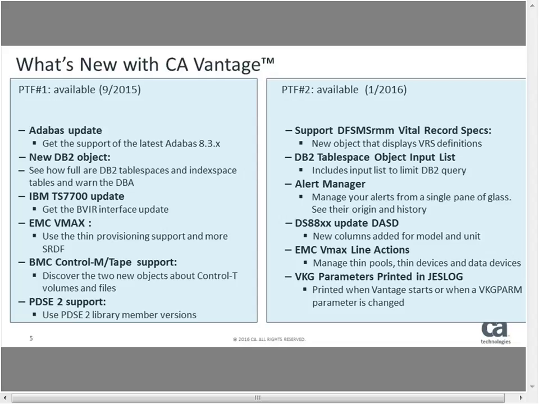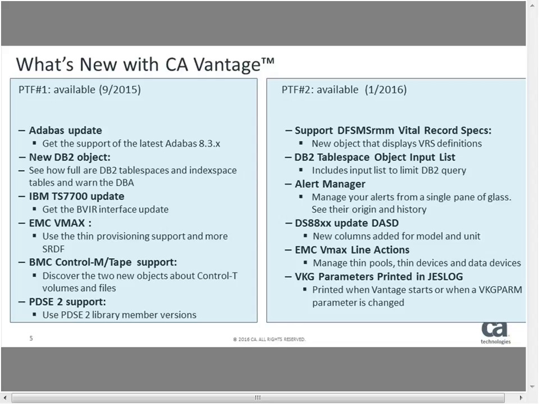Like I said, we're in the process of developing a new release for Vantage 14.0. We do the incremental release program here, and the first increment we dropped in September as the update for Database 8.3. It has a new DB2 object where you can look at DB2 table spaces, and we've updated the interface for the IBM TS7700, particularly for the BVIR.